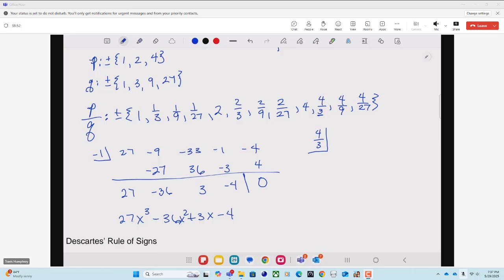Okay, so we're going to set up synthetic division using 4/3 and our 27x to the third minus 36x squared plus 3x minus 4. And bring down our 27. So 4/3 times 27.